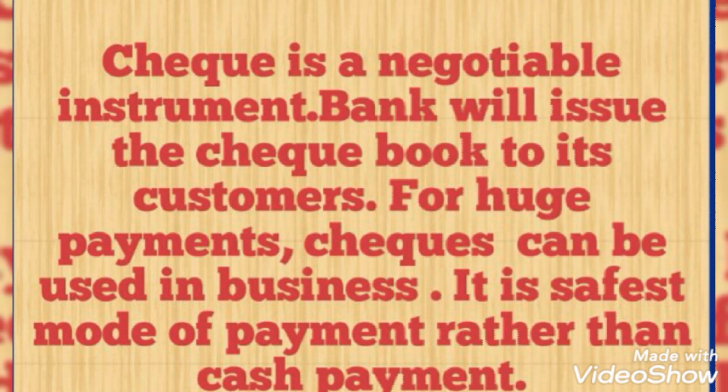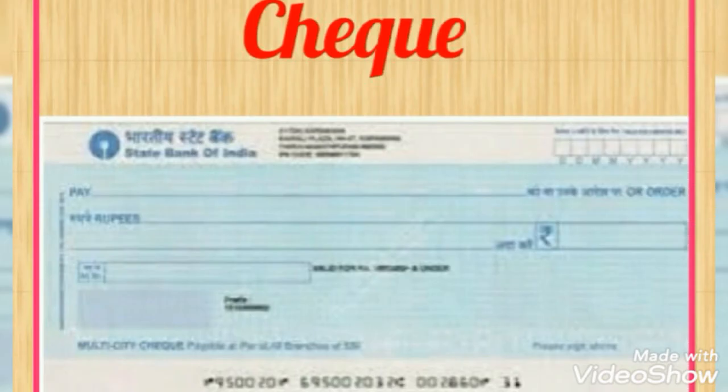Bank will issue the checkbook to its customers on request. Once the check is issued, a bank is directed to pay a specific amount from a person's account either to the same person or to the person in whose name the check has been issued. For huge payments, checks are often used in business transactions.